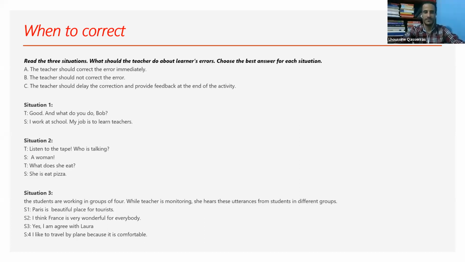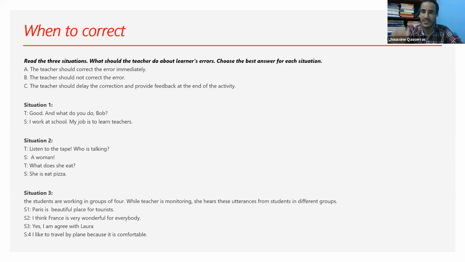Hear my question. Let's go back again to the activity. Listen to the tape. Who is talking? Am I teaching grammar to correct? Am I teaching writing to correct? Here, maybe I'm checking. It's like listening comprehension. She is eat pizza means for me that you got the correct answer, because I'm interested in his understanding of the listening. You see my point?